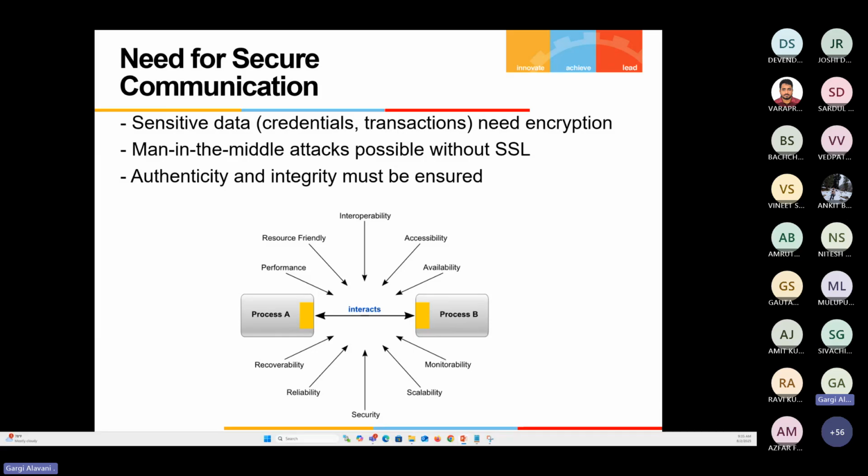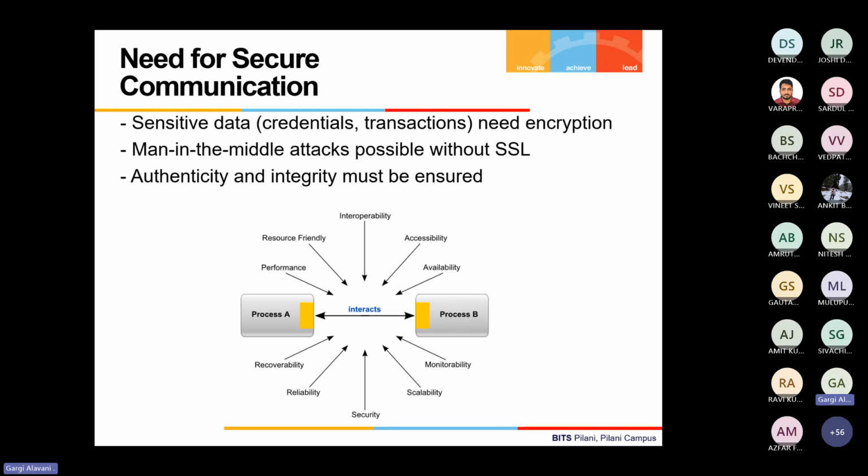The example could be if you're trying to log in, do a payment, or make an API call. In such critical cases, security is not optional. We cannot take risk with such cases.